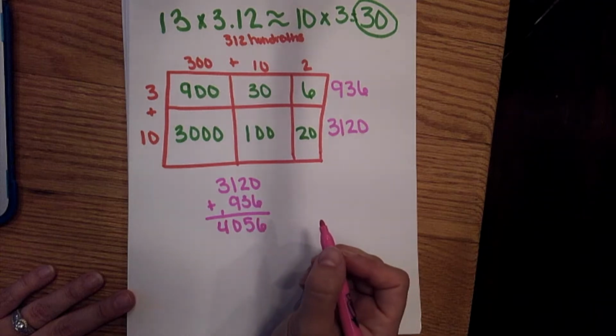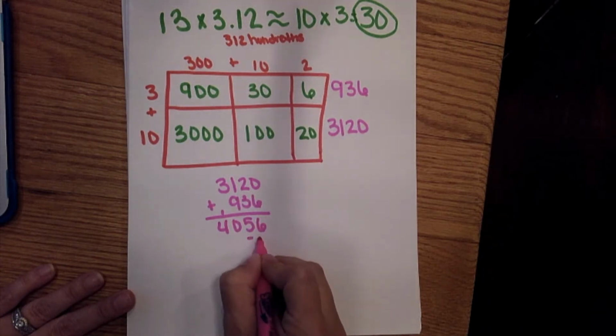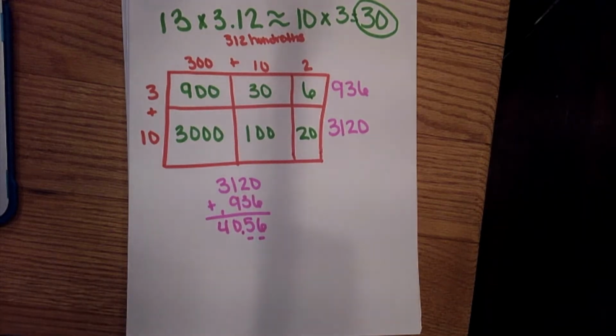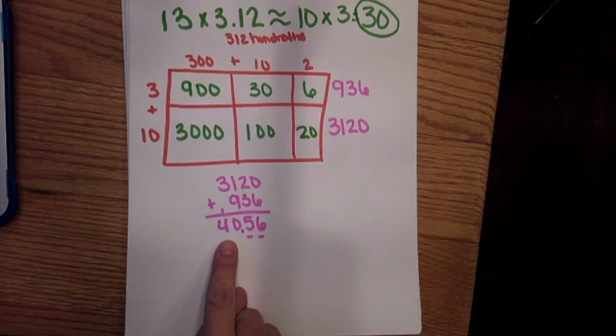And remember, we're in the hundredths place, and hundredths is 2 decimal places, so I need 2 decimal places. So my decimal is going to go right there. So 13 times 3 and 12/100ths is 40 and 56/100ths.